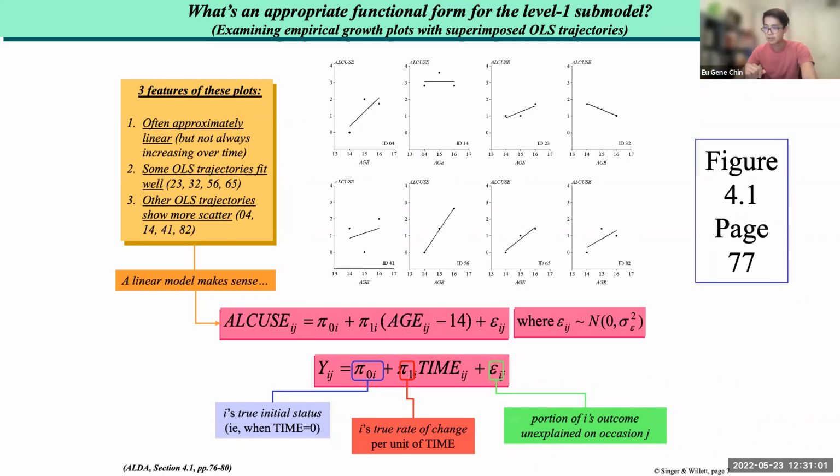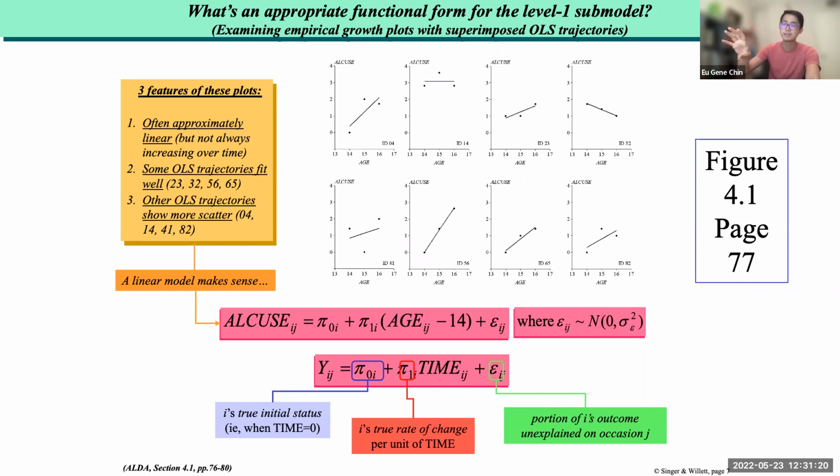And epsilon over here represents the portion of the outcome that is unexplained on occasion j, so basically the portion of the individual's outcome that is unpredicted on occasion j. So it's the extent to which this level 1 submodel is not able to capture the variability.